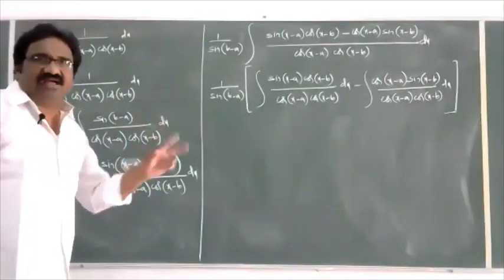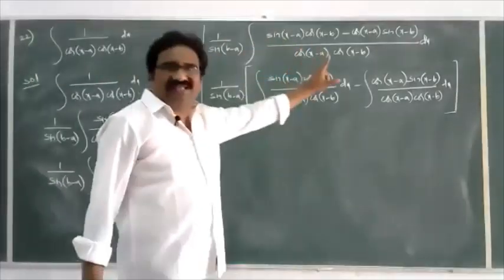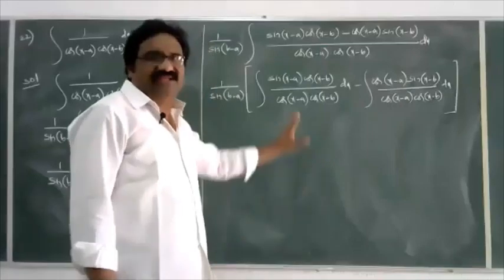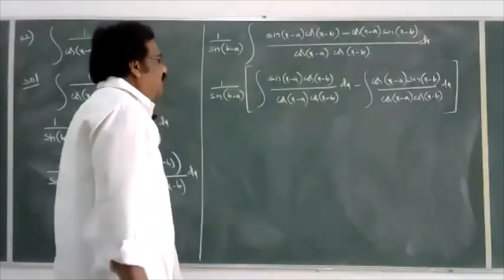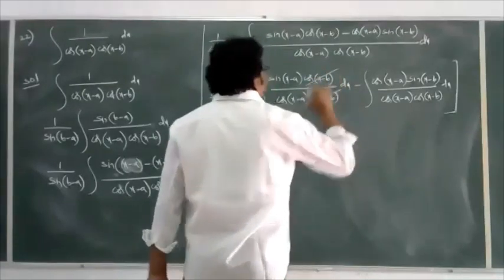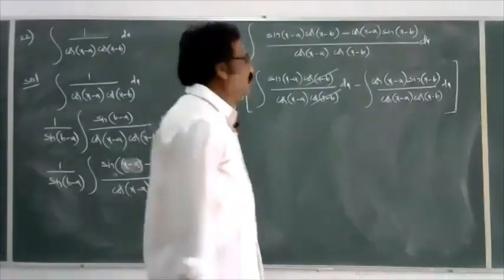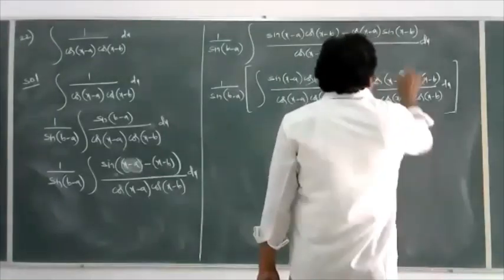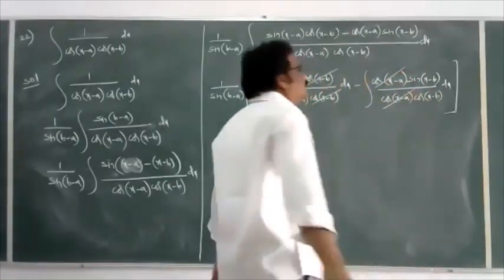Here the like terms cancel: cos of x minus b, cos of x minus b, and cos of x minus a, cos of x minus a.